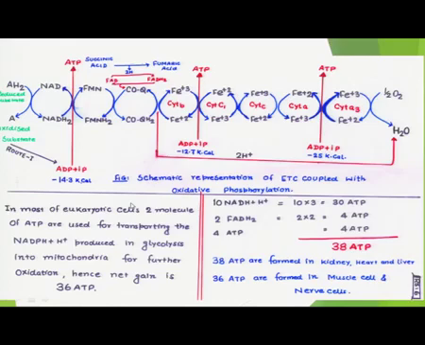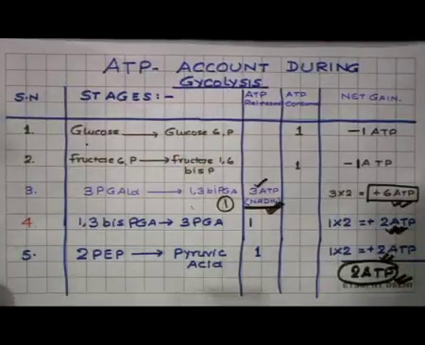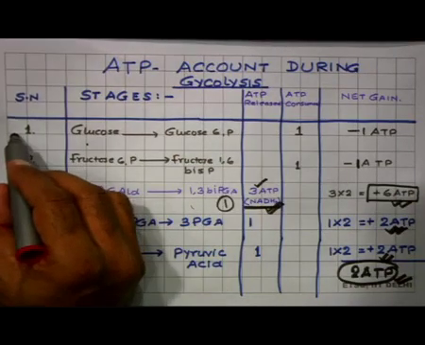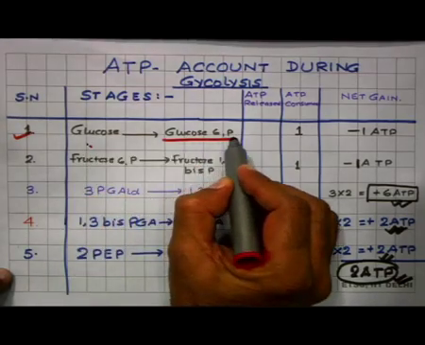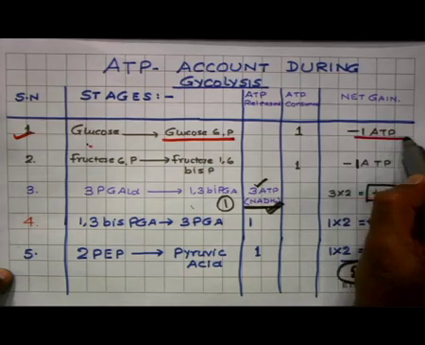So, we can now summarize the ATP account, which I have already discussed. When glucose is converted to glucose 6 phosphate, there is the loss of 1 ATP.